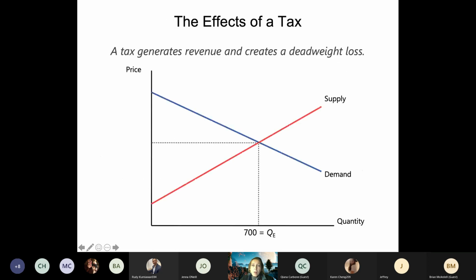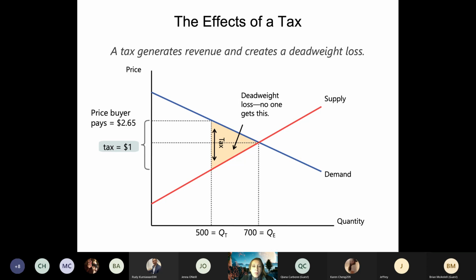The last point is that the tax generates deadweight loss. Remember that wedge that we saw in previous classes that generates deadweight loss. We saw it with price controls, and it's the same here. We have a market where consumer surplus and producer surplus shrink. Consumer surplus used to be that large triangle without the tax, when 700 units were sold.